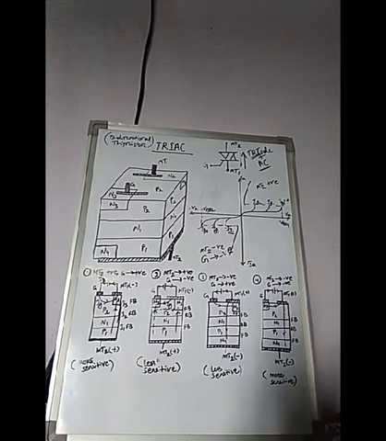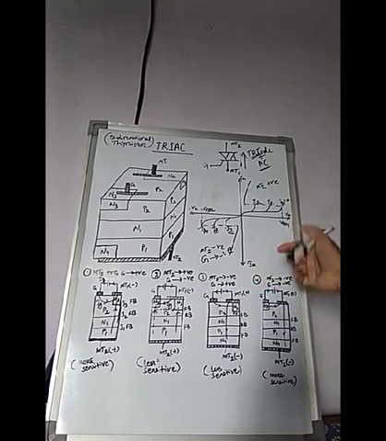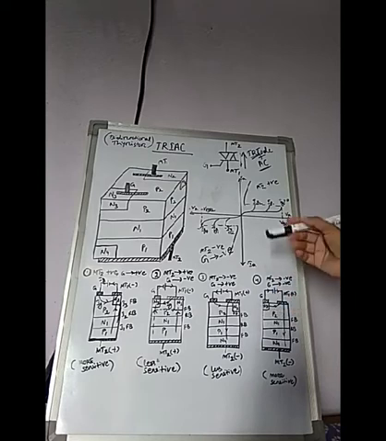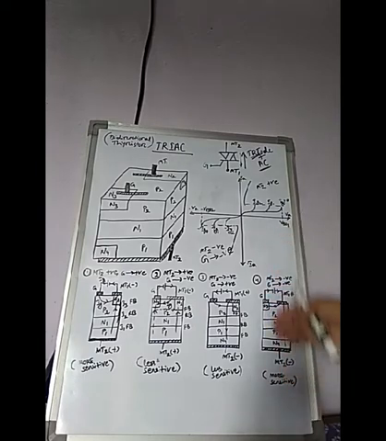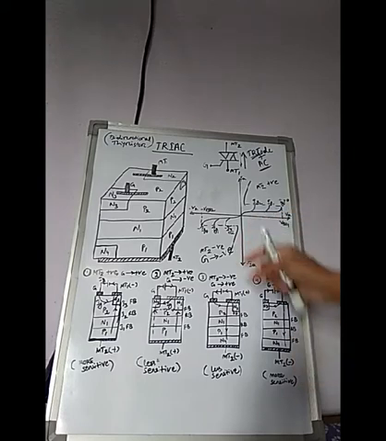Here the electrons injected from N3 act as a remote gate, and the triac is turned on by this remote gate N3 in the third quadrant.